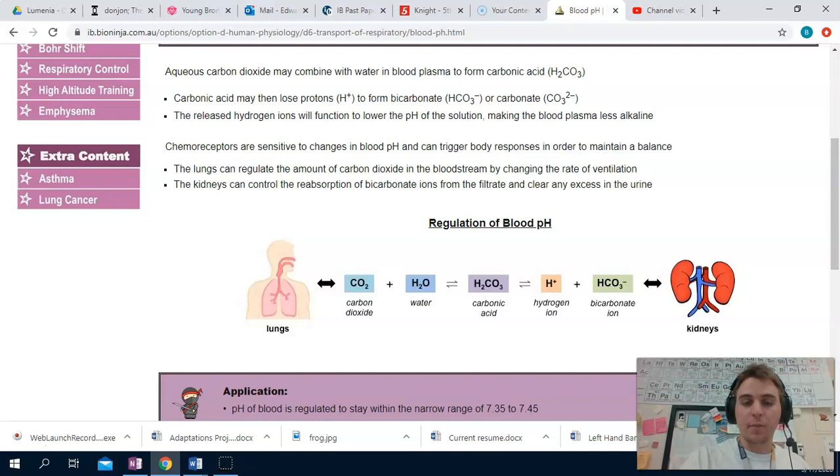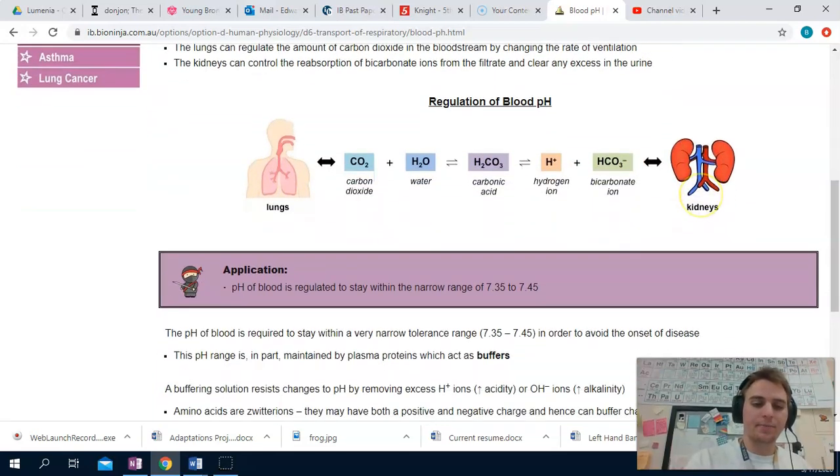If you've got too much carbon dioxide in your blood, you breathe faster or heavier. Kidneys also control reabsorption of the bicarbonate ions that we saw last time from the filtrate and clear any excess in the urine. So we actually see this on both sides, lungs and kidneys.